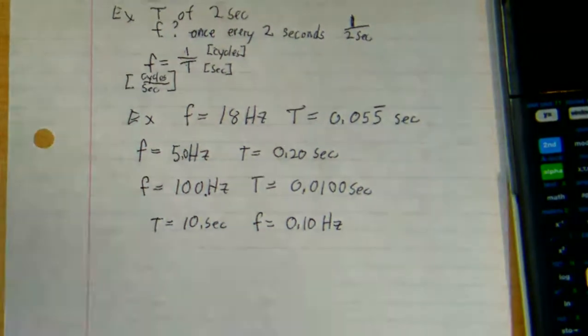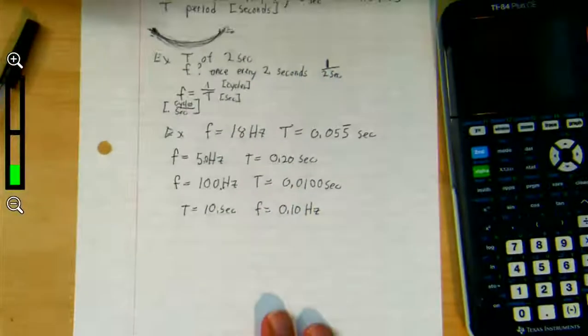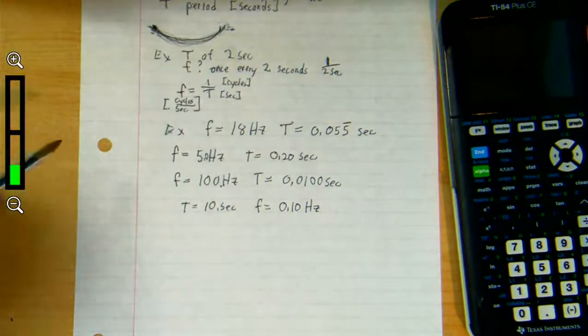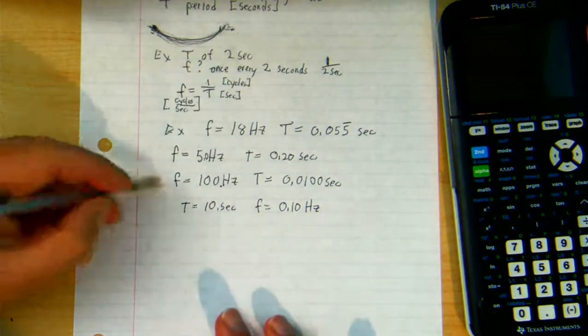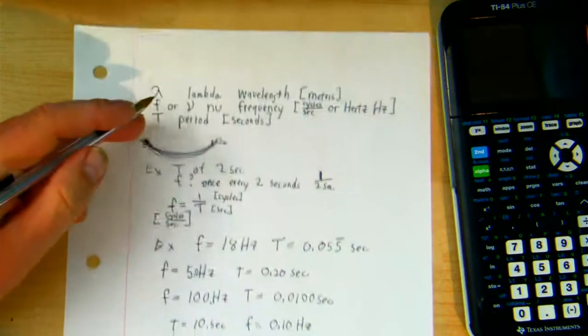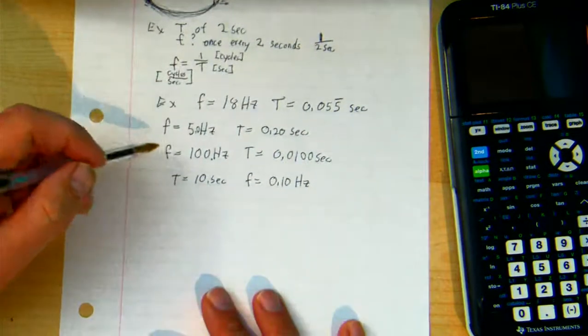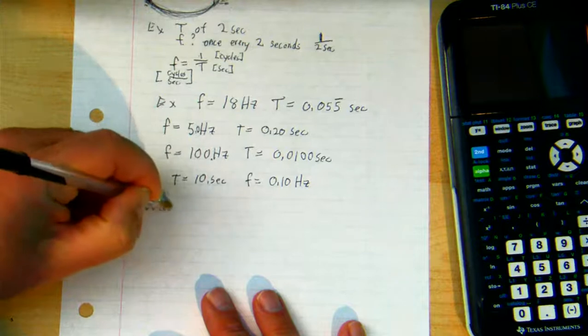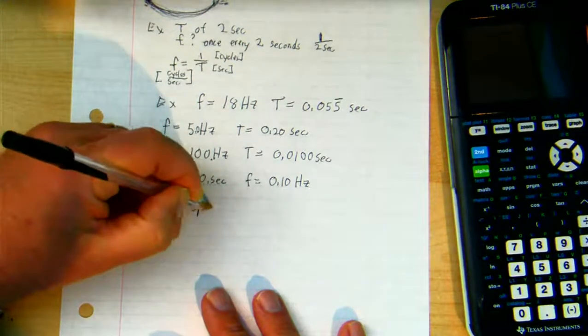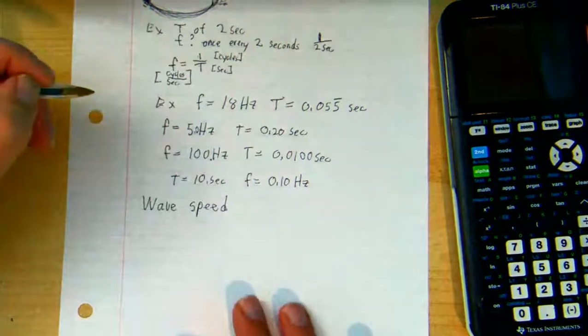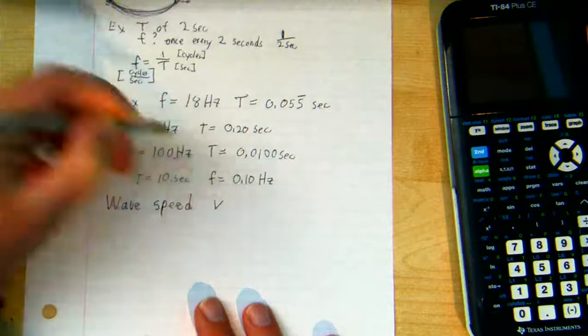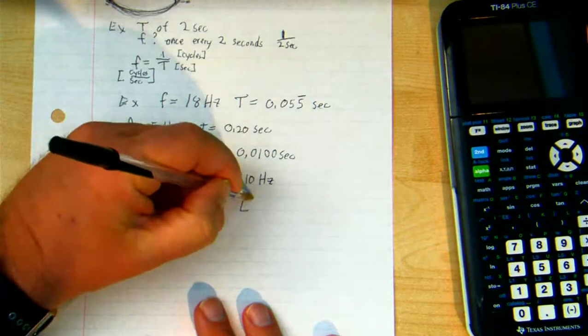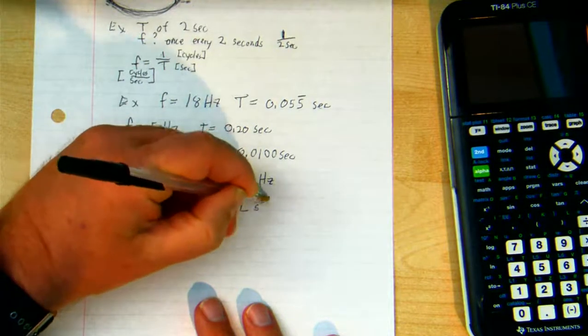Okay, so there's one math relationship, and there's one more I'm going to share with you this period. And all of this is for really any waves. The second relationship is called the wave speed, V, in units of meters per second.